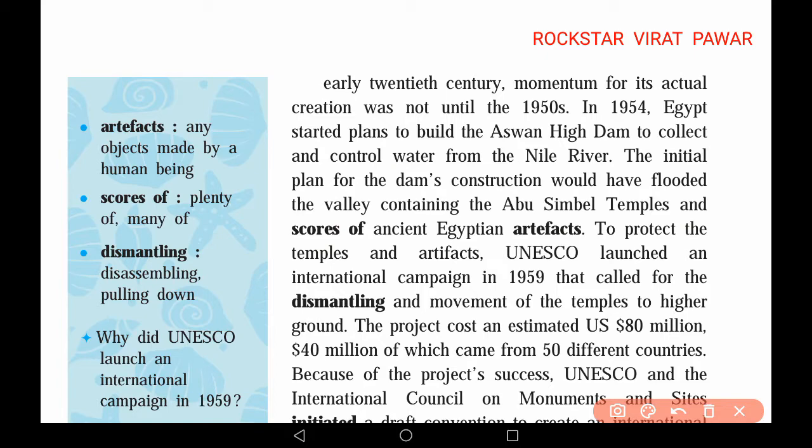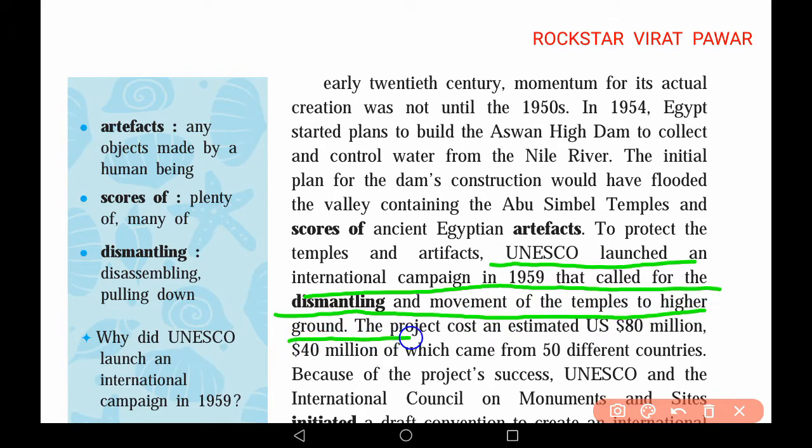To protect the temples and artifacts, UNESCO launched an international campaign in 1959, involving dismantling and movement of the temples to higher ground. The project cost an estimated 80 million US dollars, with money coming from 50 different countries.